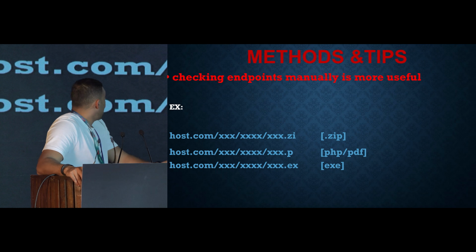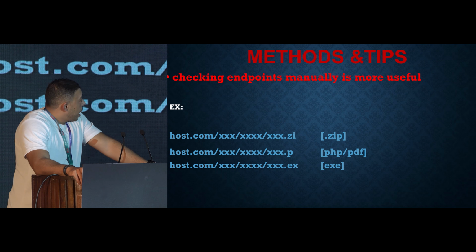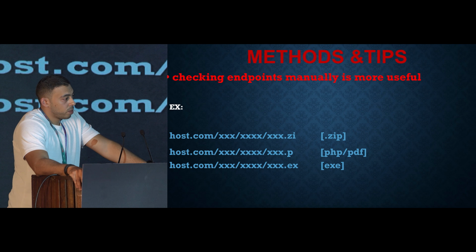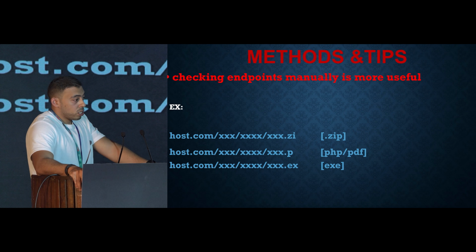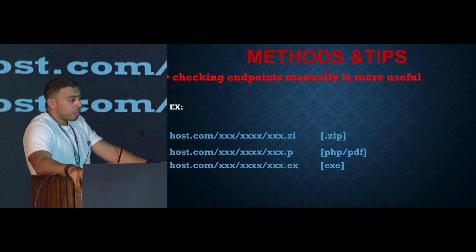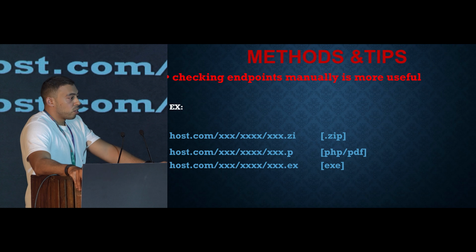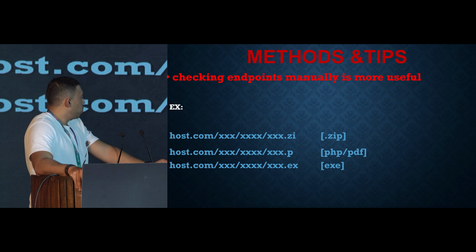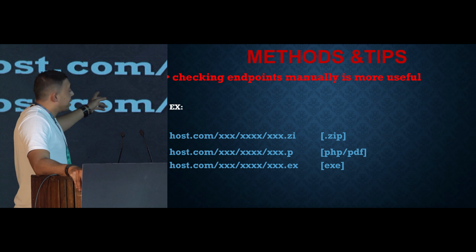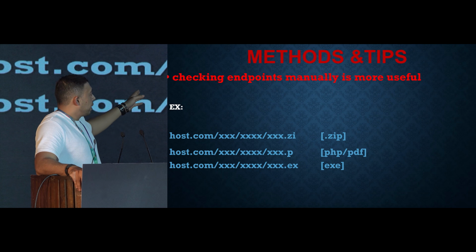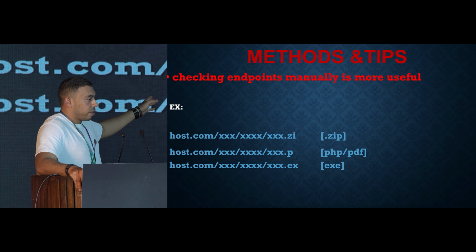Now, checking endpoints manually is more useful. Why? Because when you collect the endpoints for domains and apps and you start checking them manually, you can find an endpoint that is not a full endpoint, for example one ending with .zi.